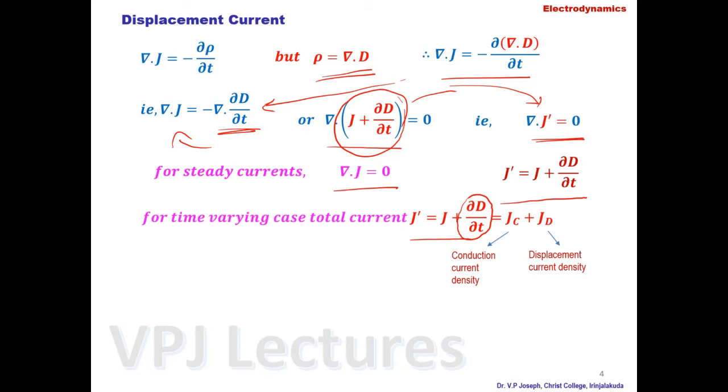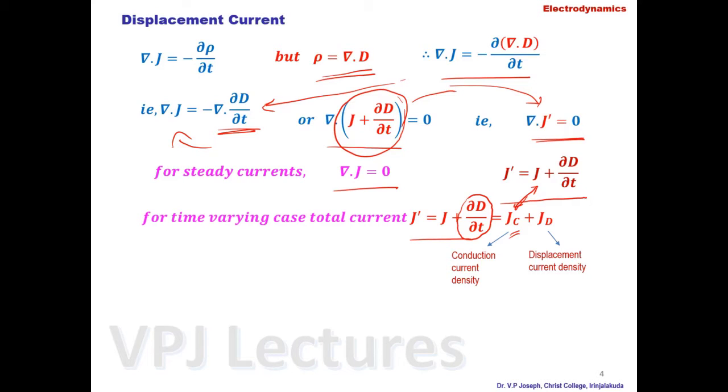So the second term is called a new term, the displacement current density. The first term is called Jc, the same current J taken here as Jc, that is the conduction current density, or current due to actual movement of charge carriers through the wires or through a conductor.